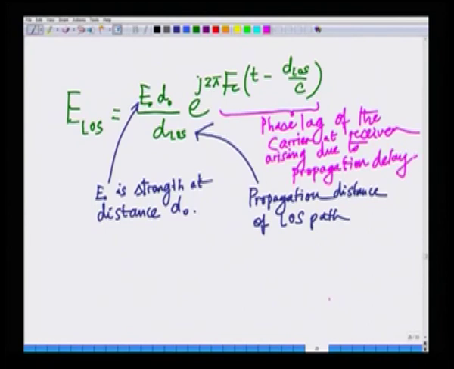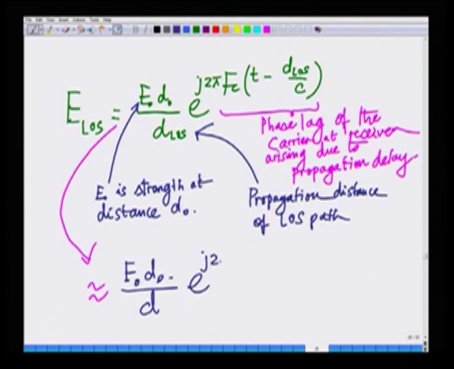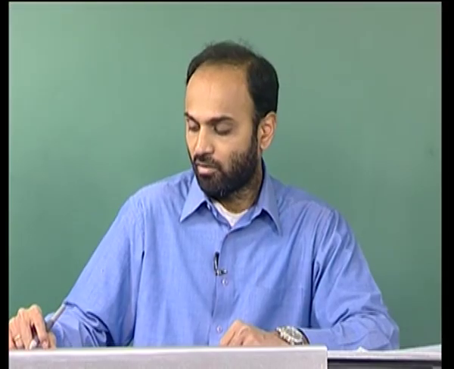Now, I am going to use an approximation. I am going to set this d LOS in the denominator as approximately equal to d. Hence, this is approximately equal to E naught d naught divided by d times e to the power j 2 pi f c into t minus d LOS by c, where I have approximated d LOS, the line of sight distance, for the signal strength by d, because the major effect of the propagation distance is in the phase factor.